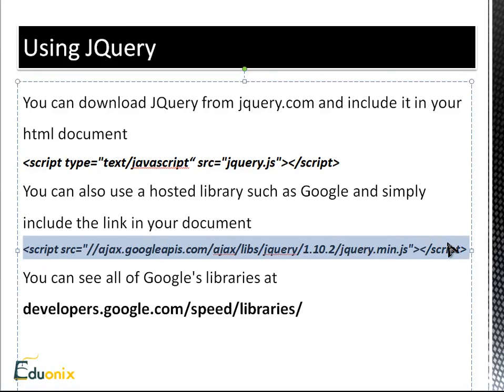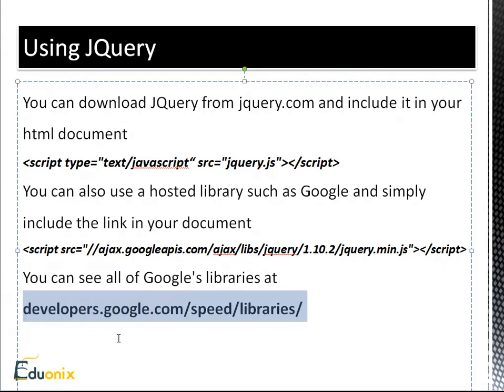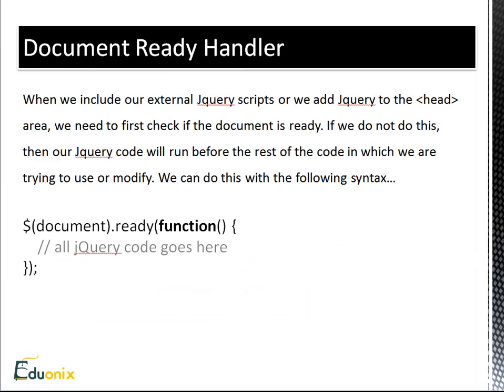So this is the quicker way of doing it. If you're using your local host and you're not actually on the internet, then I'd suggest using the download, because sometimes this won't work. You can see all of Google's libraries at this link here at the developer site. There's jQuery, and there's a whole bunch of other stuff you can check out.